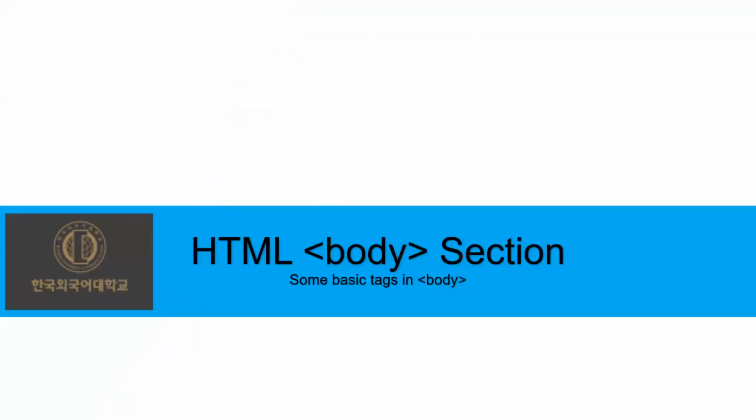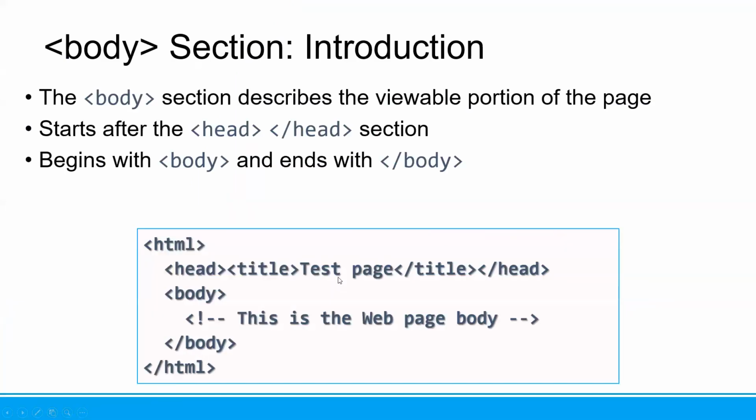As you might know, we already learned how to create the HTML in the head section. Now we are entering the body. The body section describes the viewable portion of the page. So when you are dealing with a web page, most of it is in the body section.